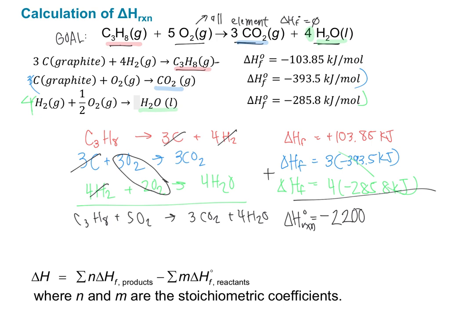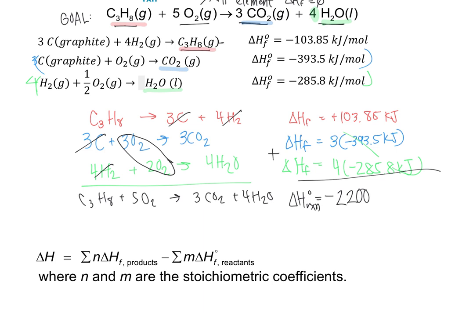Hess's law can be great, but there's actually another way. If you have enthalpy of formation values, you can just use the coefficients and do the reaction value equals the coefficient of each of the products multiplied by their enthalpy values minus the enthalpy of the reactants multiplied by their coefficients.